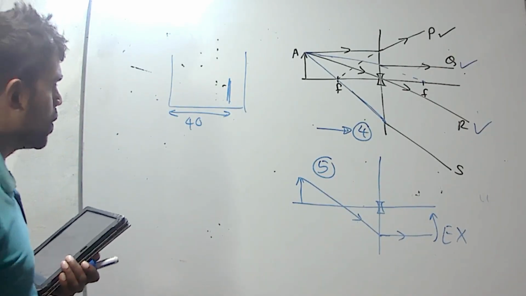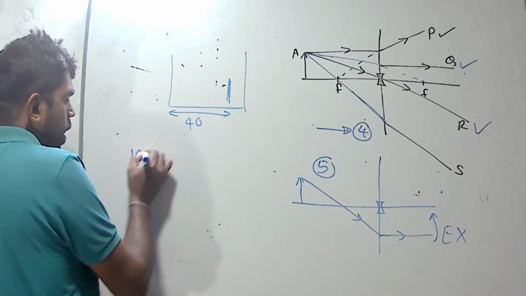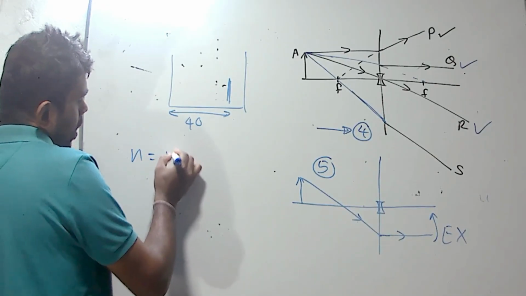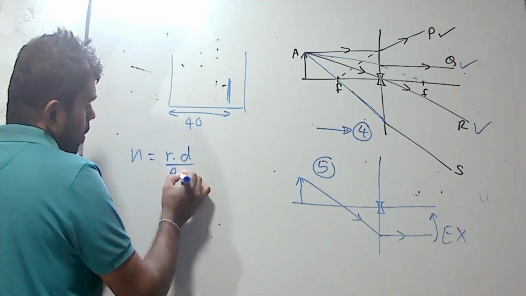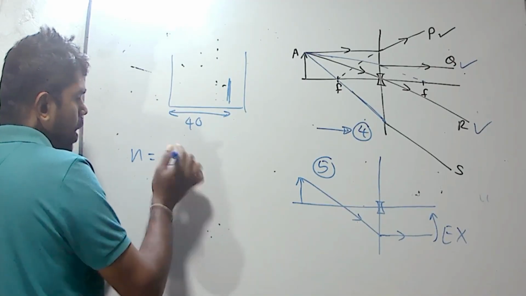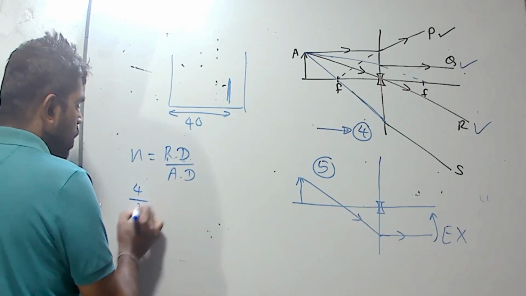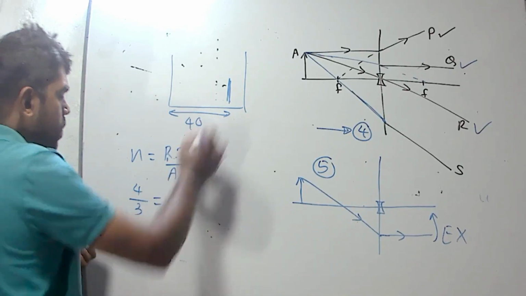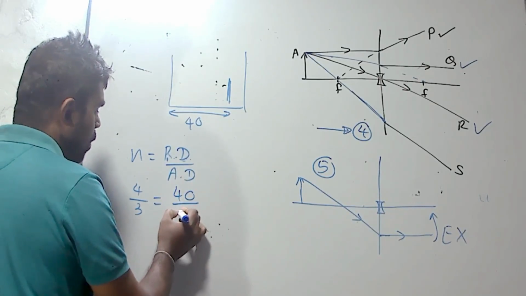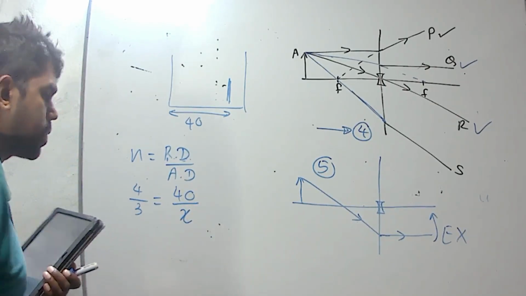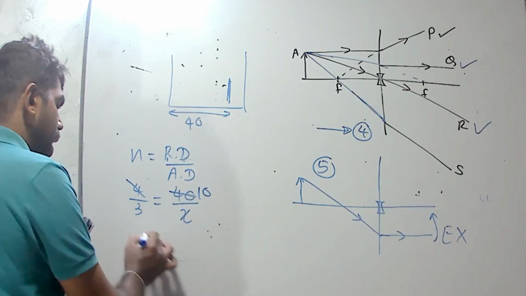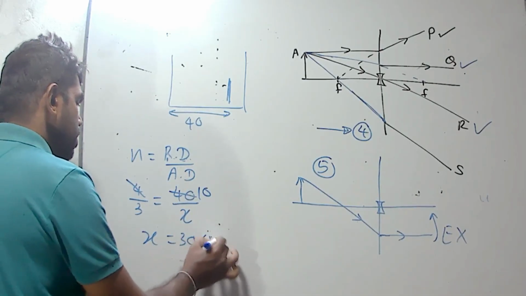First of all, we have to use n equals real depth divided by apparent depth. The value is 4/3 for the water. Real depth is 40. Apparent depth we have to find. I will consider it as x. Then we can get that x is 30 centimeters.